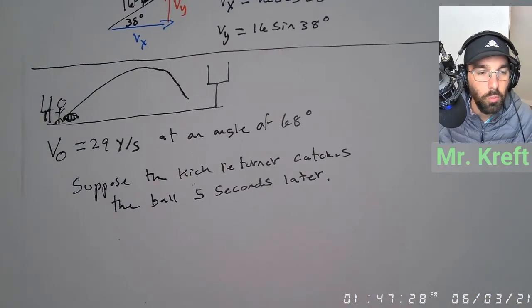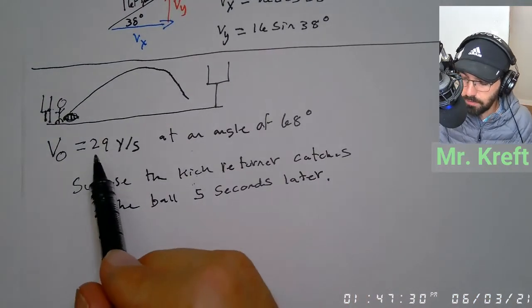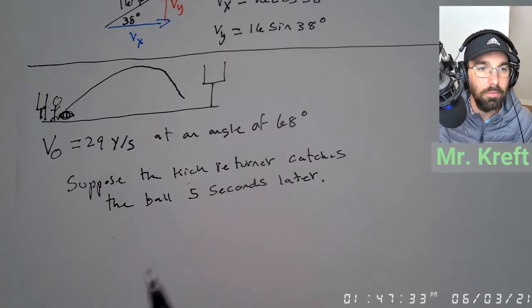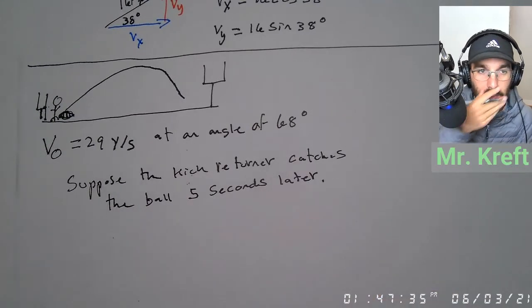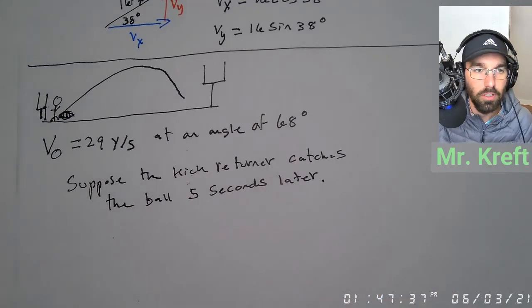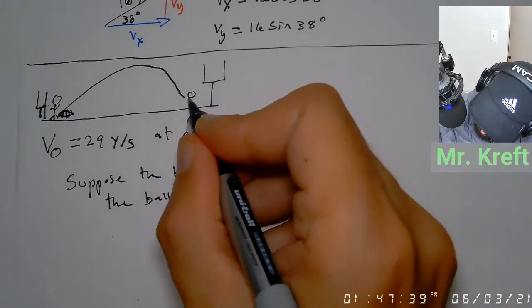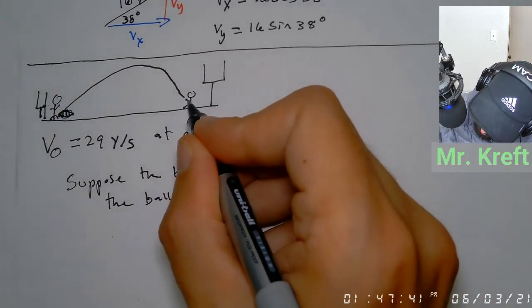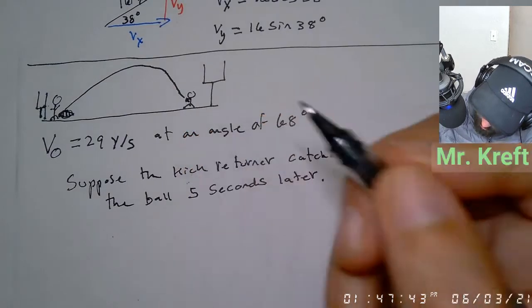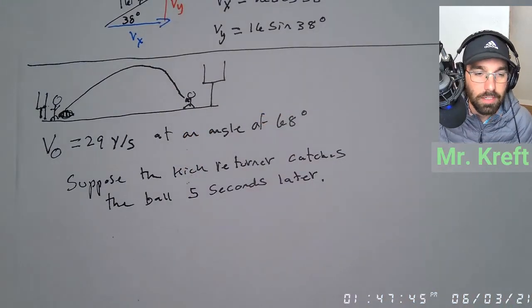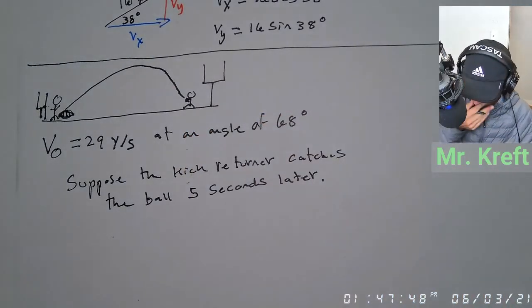Okay, so that's what we know. We know that it has an initial velocity of 29 yards per second at an angle of 68 degrees. Suppose that the kick returner, right? So this is the kick returner. Okay, so the kick returner is going to catch it in 5 seconds.